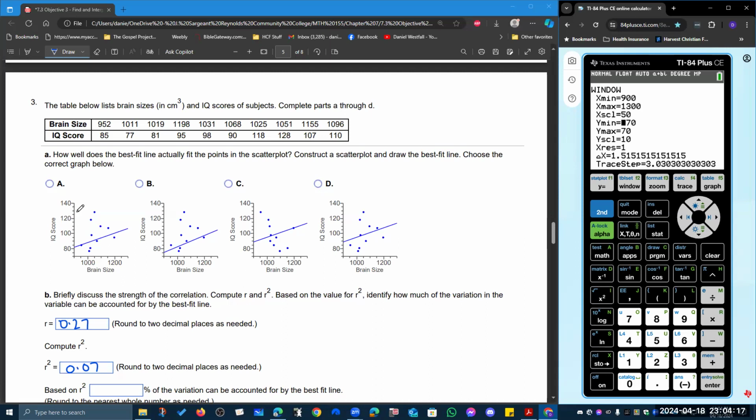And we have 2, 3, 4. 20 divided by 4 is going to be 5. So this is 70 to 140 by 5s. And that looks like D to me.